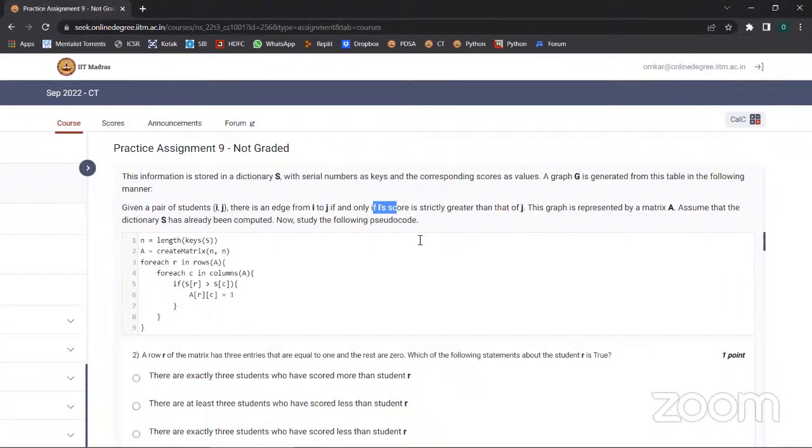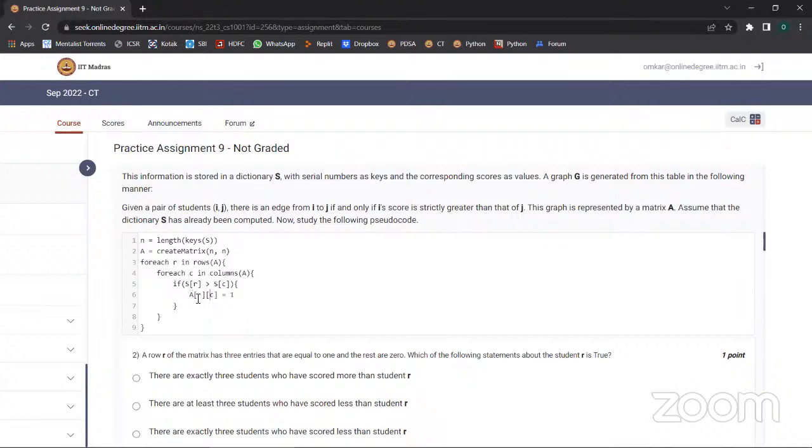Then A[R][C] equals 1, so 1 will be stored in the matrix at the place where I is greater than J. If there is an edge from R to C, that means R scored greater marks than C. You can call it IJ or RC, it doesn't matter, it's just a variable. When we say A[R][C], that means R has scored more marks than C.